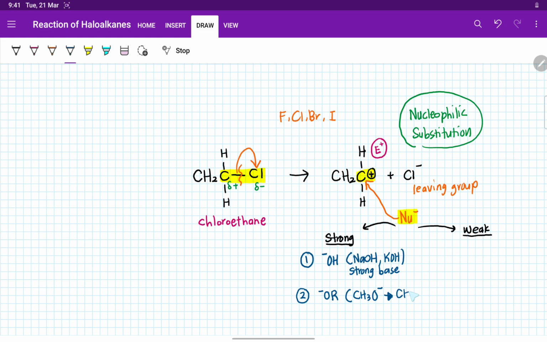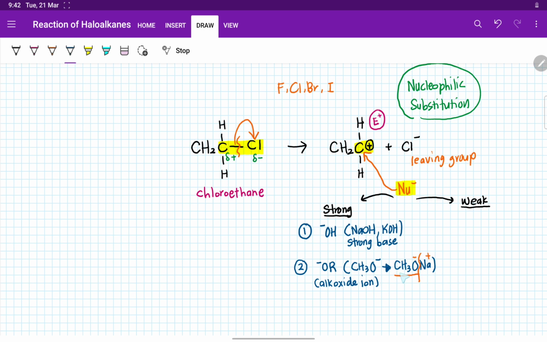So, kalau dalam soalan, maybe dia akan bagi macam ni, CH3ONa. Okay, jadi awak kena identify lah. Okay, dia punya nucleophile sebenar adalah the alkoxide ion over here dan dia akan break dekat sini. This is CH3O minus dan Na plus. So, CH3 dekat sini, the alkyl group. So, tak kisahlah berapa panjang pun dia. As long as is bonded to O minus dekat sini. Okay, dia adalah kita punya alkoxide ion.